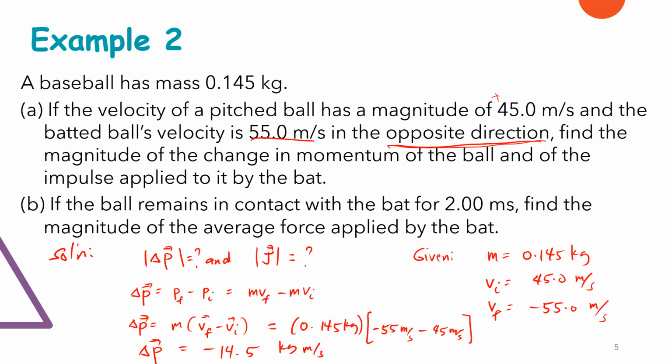But the problem is we need to find only the magnitude of the change in momentum. Magnitude meaning we will neglect the direction, so the magnitude of the change in momentum is just equal to, we will neglect the negative sign, 14.5 kilograms meter per second.